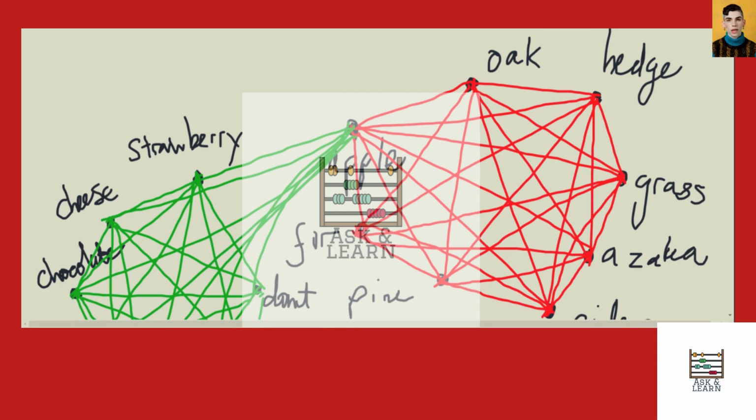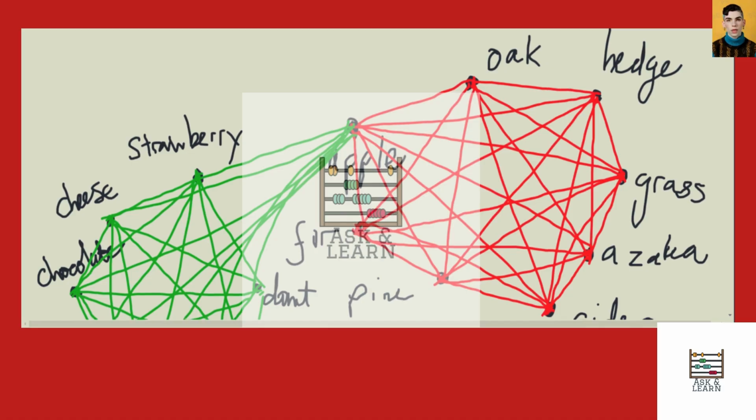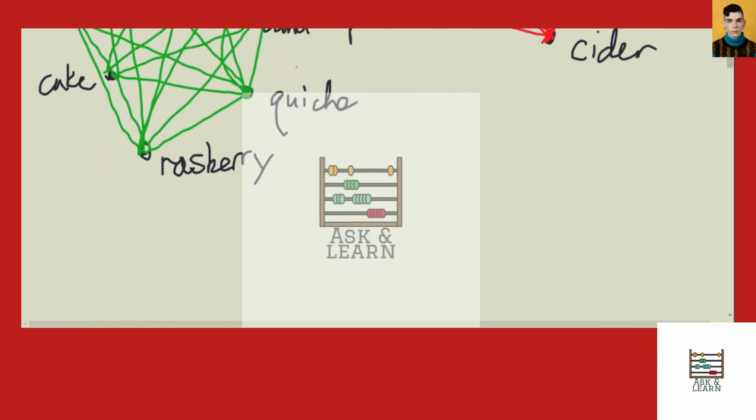And finally, we know that Apple can also refer to a computer company. And looking at Apple this way, the other computer companies are, well, we have Lenovo, Microsoft, I'll draw these down here.